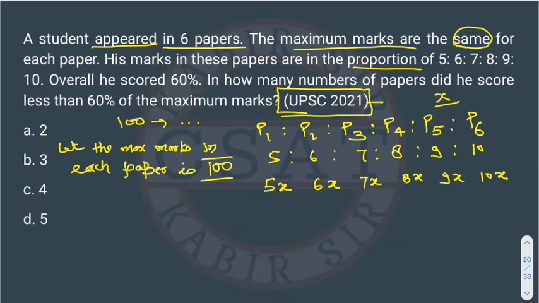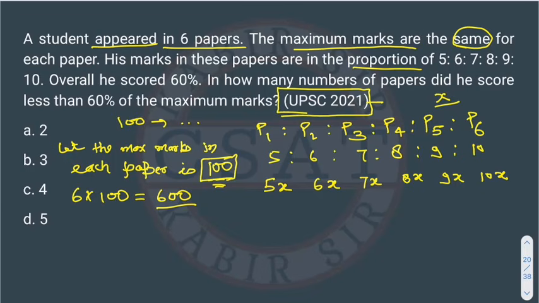Why are we considering 100? Because in percentage the calculation will be easy if we consider the value as a multiple of 100. You can consider any value, 200, 300. So total subjects are 6 and each subject has 100 marks. So the total marks will be 600, right? I hope you understood till here.